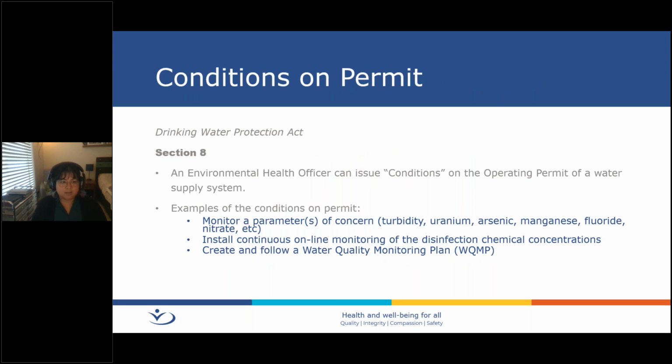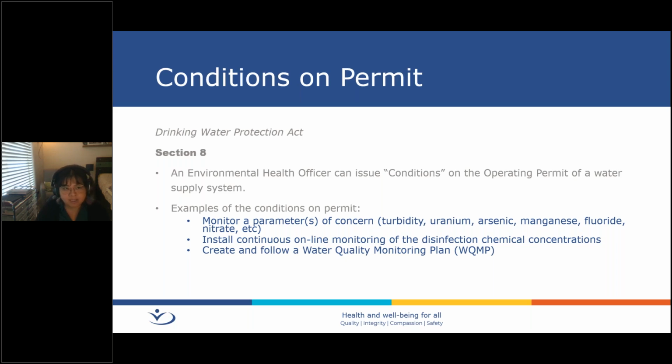So here in Section 8 of the Drinking Water Protection Act, it states that an environmental health officer can issue conditions on the operating permit of a water supply system, provided that the requirements are more stringent than what's in the Act and the regulation.